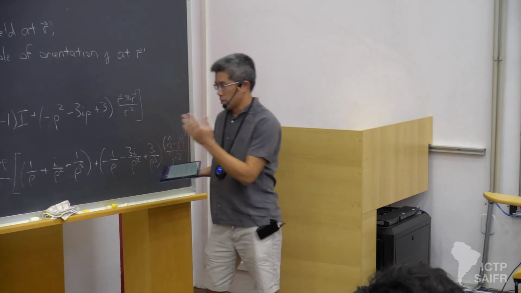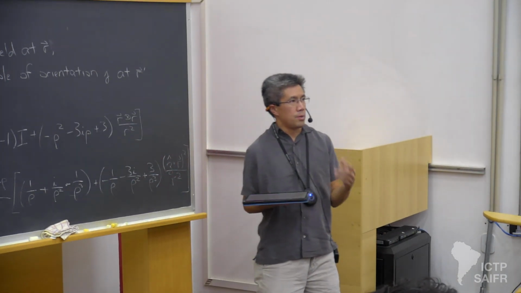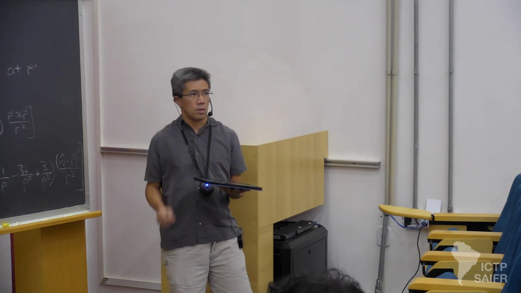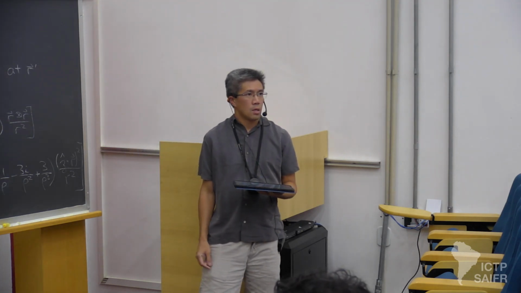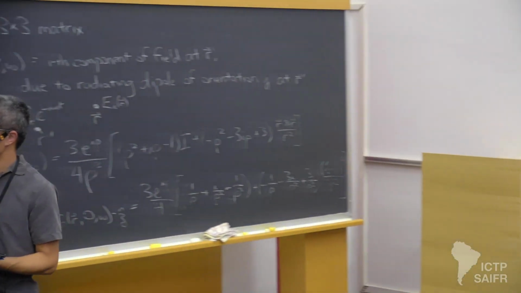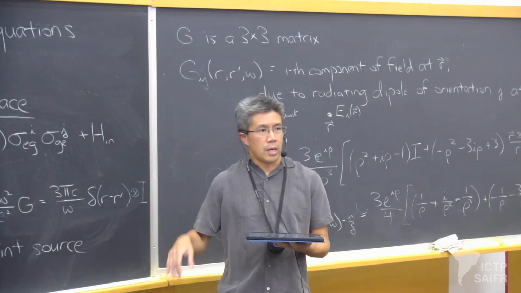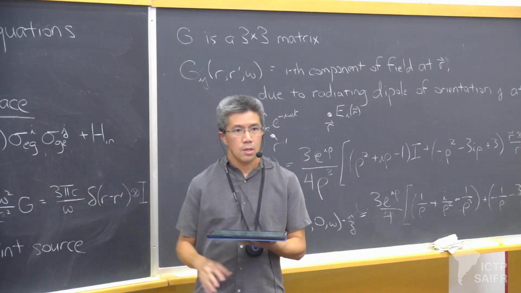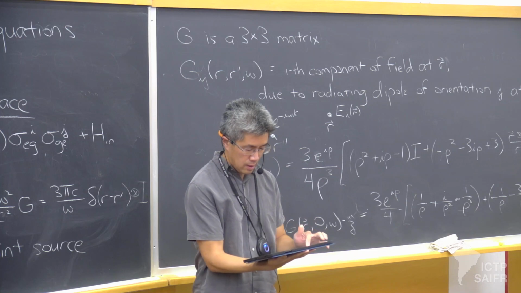Again, the details of the formula don't really matter, but this is just to say that you can project the Green's function into a particular direction. And then it's this GZZ that you would plug into here. Okay, so now the Hamiltonian becomes a normal number again times some operators.